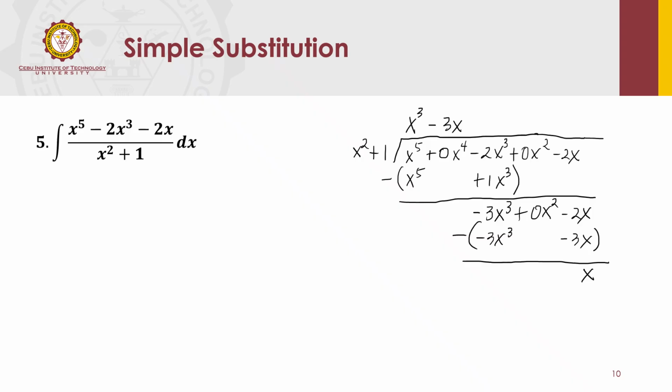So now our final column already has a power equal to 1, which is less than the power here, 2. So we stop the division process. So this is the quotient and this is the remainder.